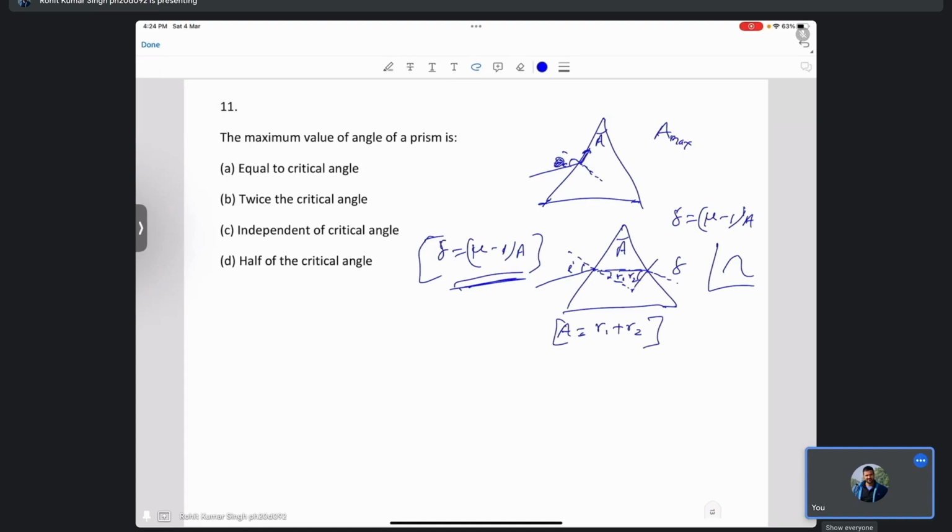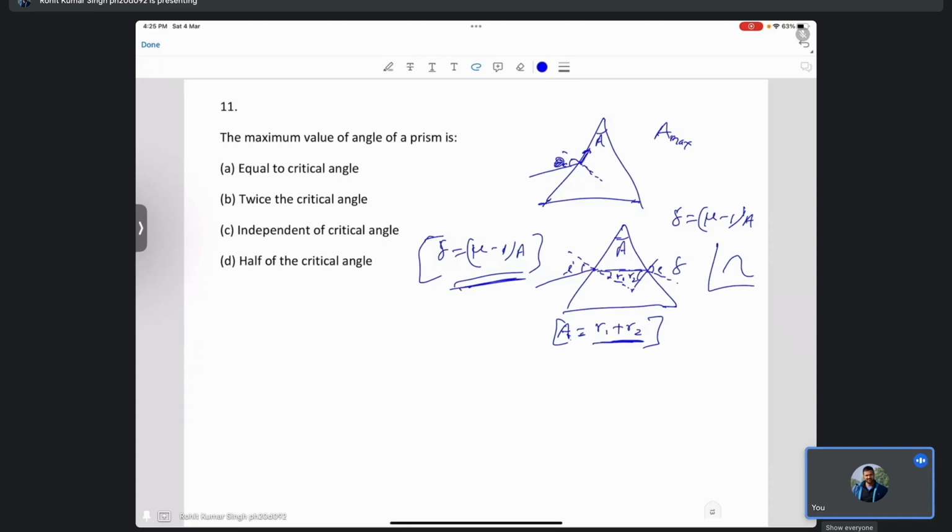So you see, this angle of the prism has something to do with the trajectory of the light. And now R1 and R2 depend on the angle of incidence or angle of emergence through Snell's law, correct? So to get the maximum angle of prism, we have to maximize these two also.